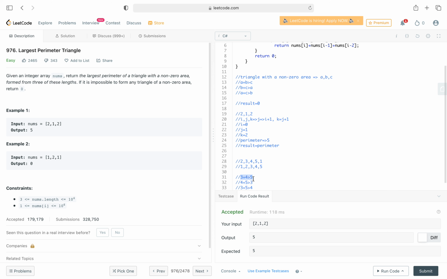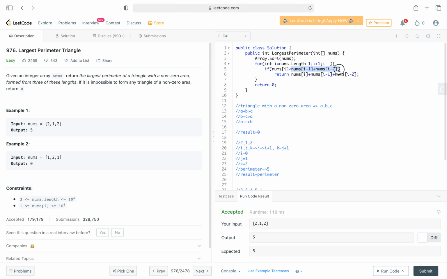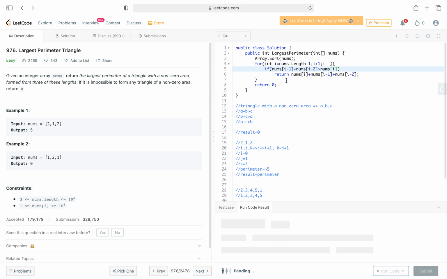So we only have to check one case. If this one is less than this one, that's it. Any two lengths of the triangle being greater than the remaining side will form a triangle with non-zero area, right?